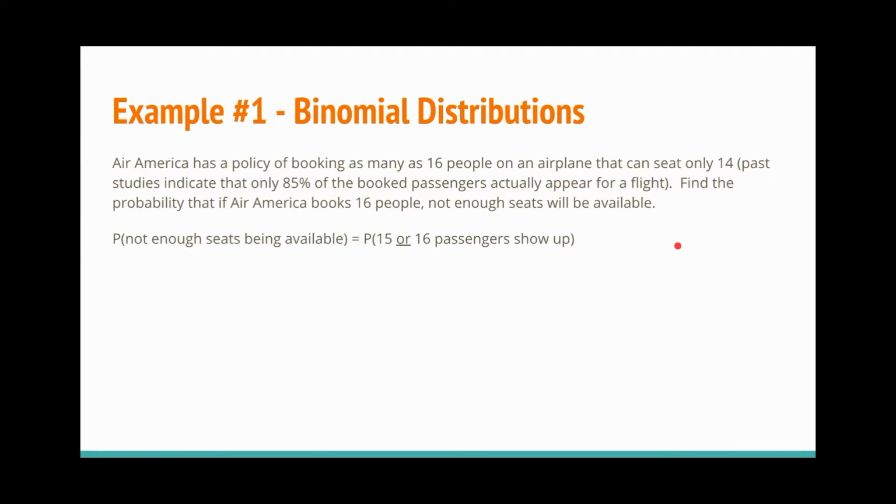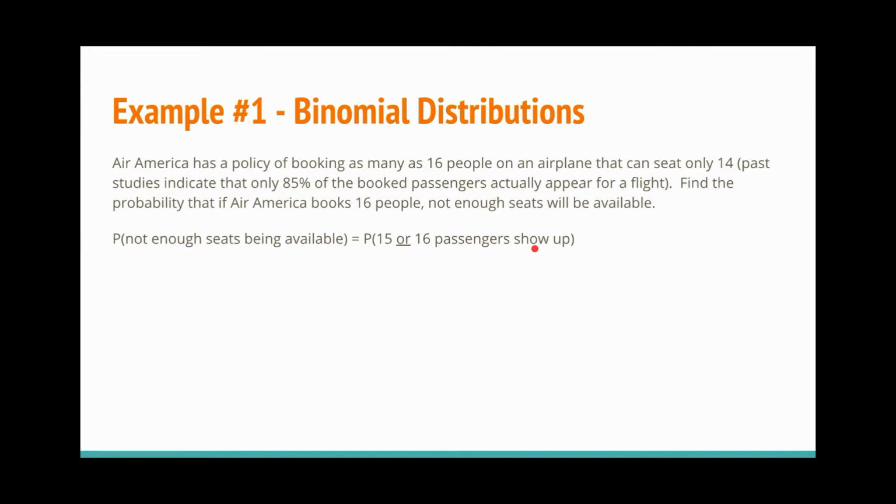So notice that I'm writing this probability down here literally as it's been stated in the problem. So the probability that not enough seats are available. And if you think carefully about what that means, all that really means is that because there are 14 seats on the plane, if 15 or 16 passengers show up, then there won't be enough seats.